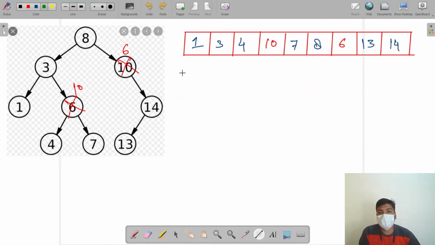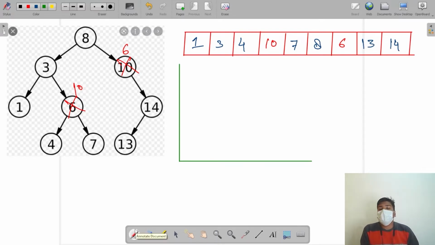the graph, not the data structure, but the graph of this array. So if it is an ideal BST, what should the graph look like? For a sorted line, when I'm increasing the index, the values are increasing, right?